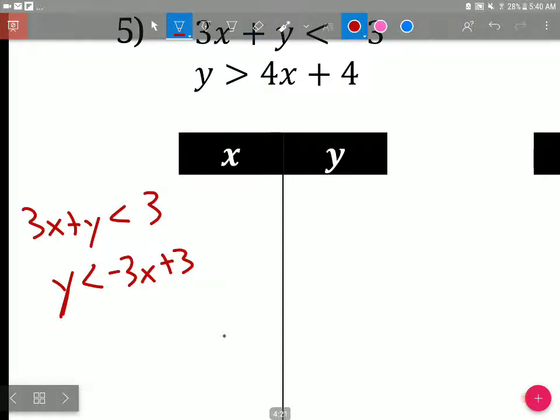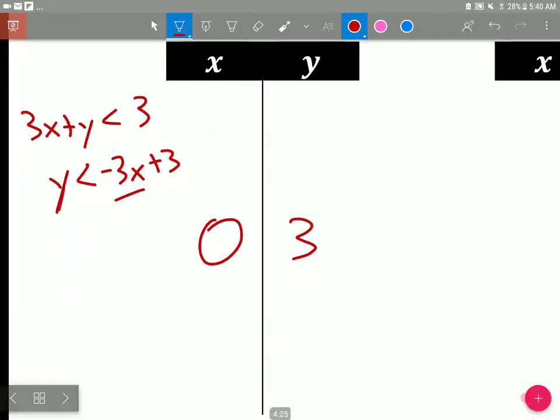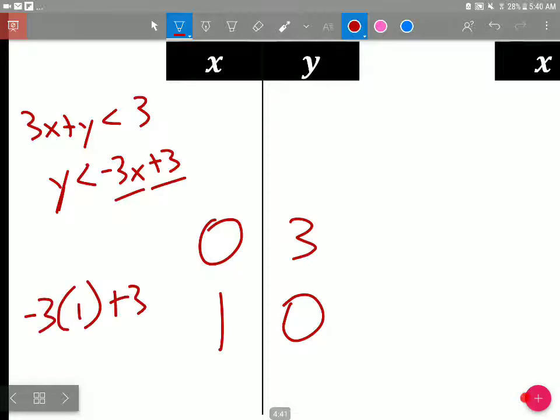Let's pick 0. That cancels that out, becomes a 0. Negative 3 times 0 is 0. So let's pick 1. Negative 3 times 1 is negative 3. Negative 3 plus 3 is 0. And if this drives you crazy, just type negative 3 times 1 plus 3 into your calculator, and it'll spit out the answer.